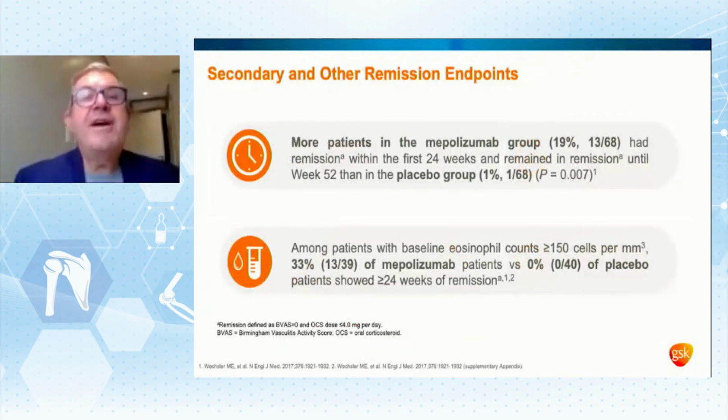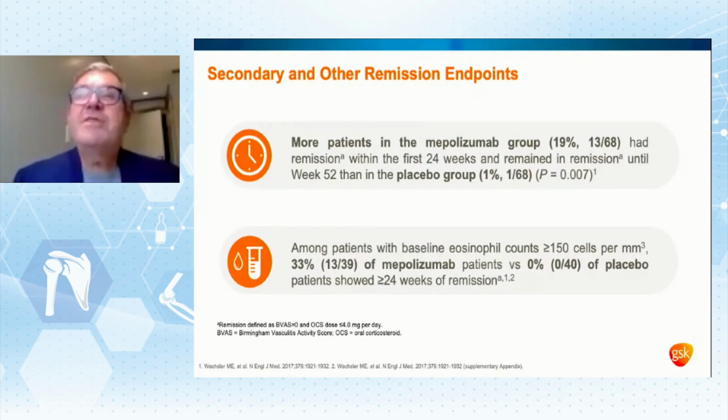There were other secondary outcomes that were analyzed. In the mepolizumab group, 19% had remission in the first 24 weeks and remained in remission until week 52, and this only occurred in one patient in the placebo group.